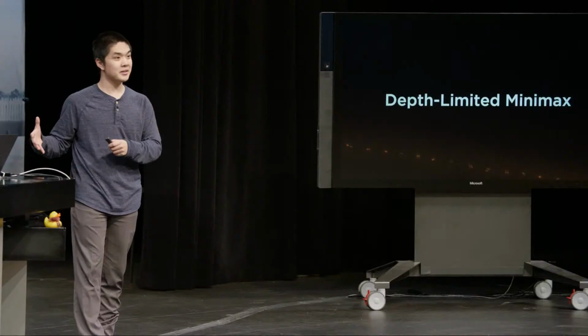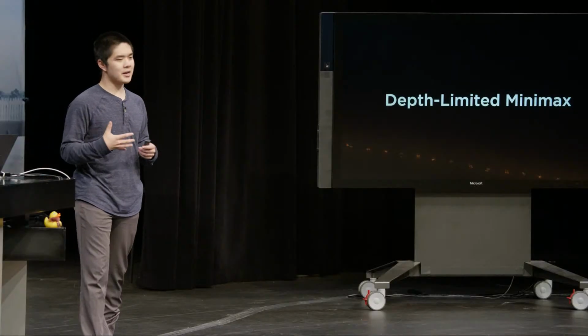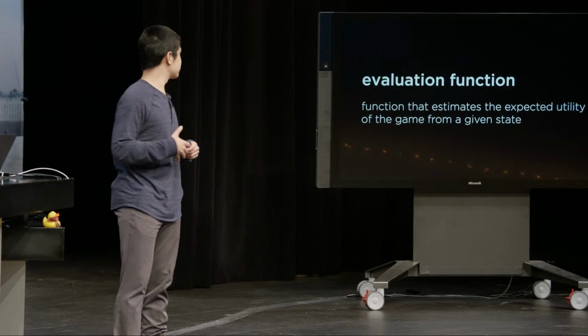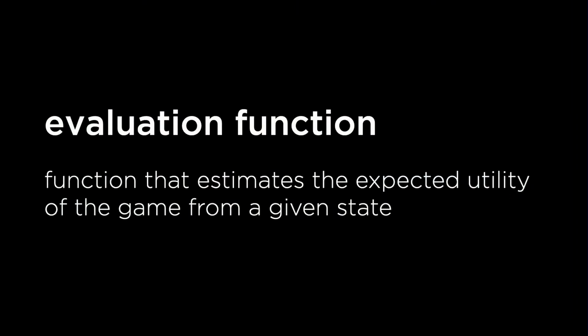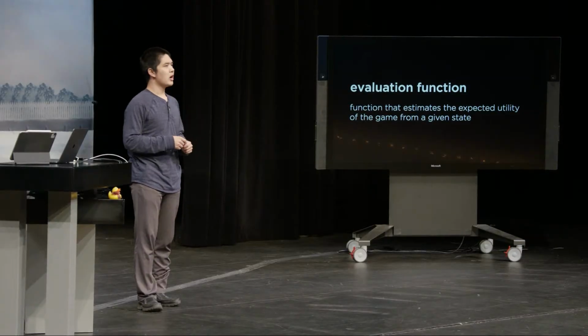There are many variants on the Minimax algorithm, one of the most common being what's called depth-limited Minimax, where we consider what's called an evaluation function. Rather than follow the game until the very end, we follow the game some number of moves. In chess, maybe you're going 15, 16 moves, but not all the way to the end of the game. And then you're just asking a question like, at this point in the game, who seems likely to win?